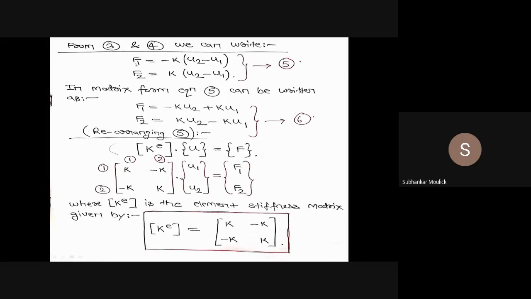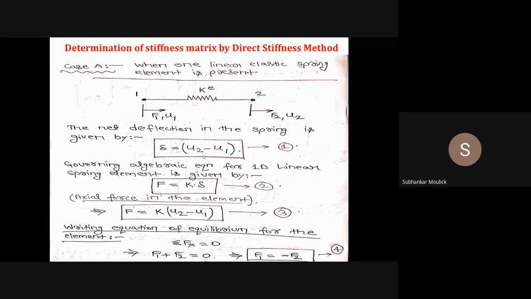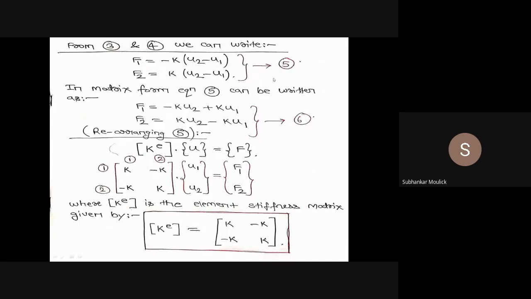Fine. So F1 is minus K into U2 minus U1, and F2 is K into U2 minus U1. Fine. Which is equation number 5. I can write equation number 5 more precisely as F1 is equal to minus K U2 plus K U1, and F2 is equal to K U2 minus K U1.